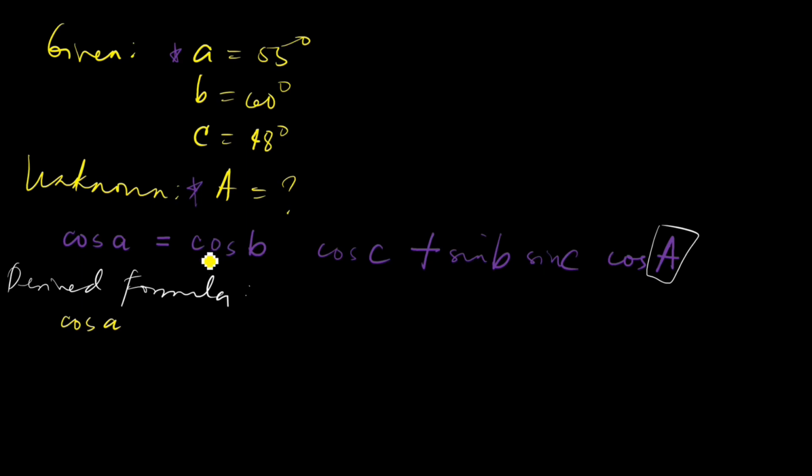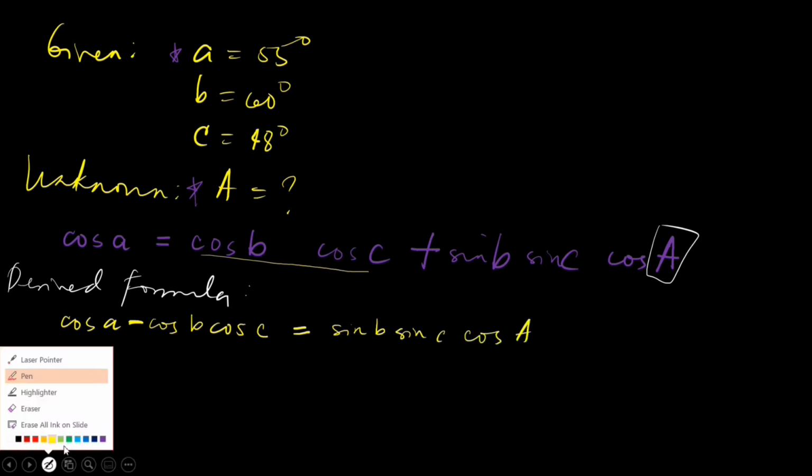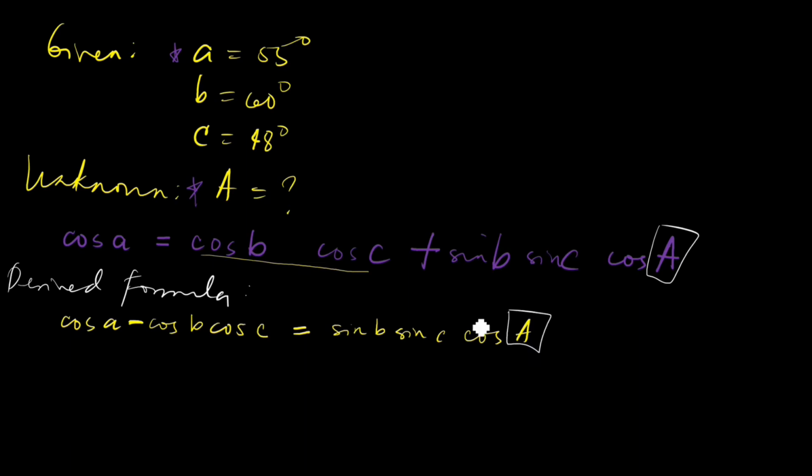So we transpose this portion: cos of small b, cos of small c. Since this is positive on the right side, moving it to the left, it becomes negative. Then equals, you just copy the right side, sine of small b, sine of small c, cosine of big A. Again, what we need here is the big A.